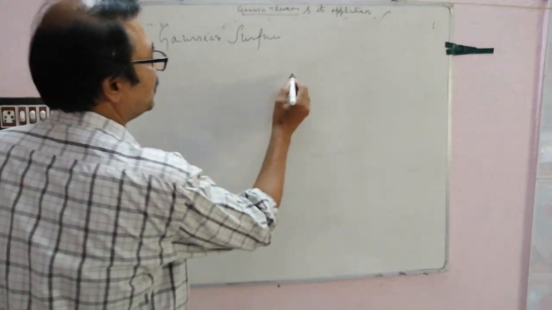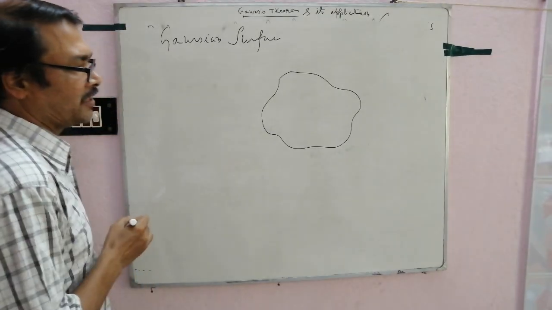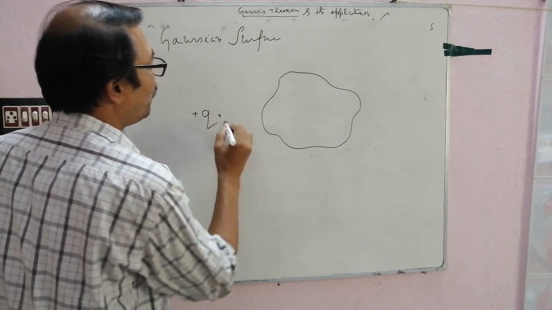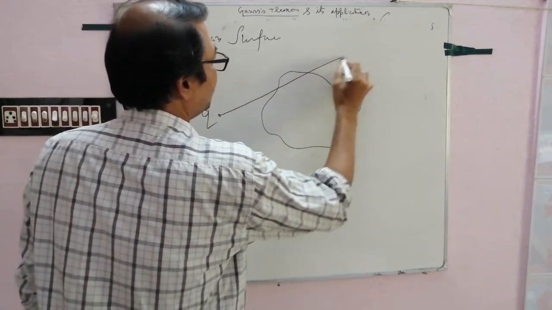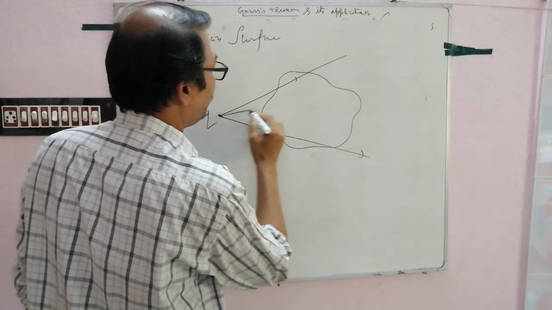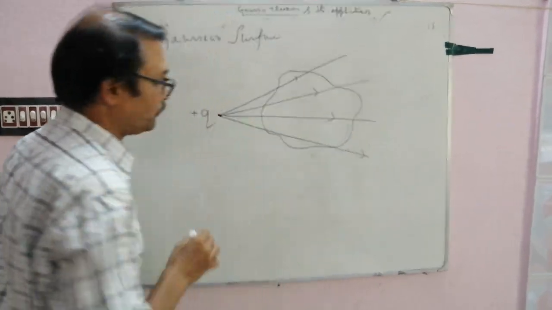Now, suppose this is a Gaussian surface and here is the charge plus Q. From here, these are the electric lines of force, that is the flux linked to it, I suppose.